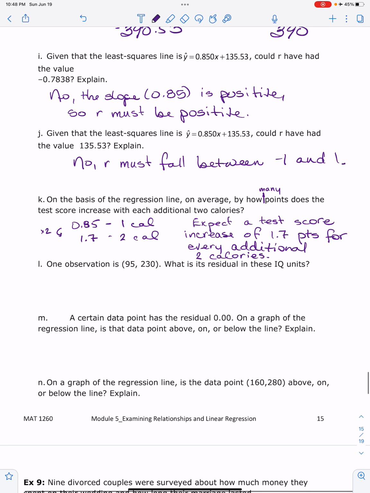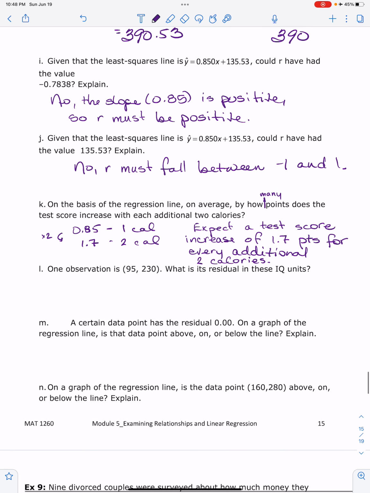One observation is 95, 230. What is its residual? So a residual is our observed value minus our predicted. We have the observed value. That's the 230.